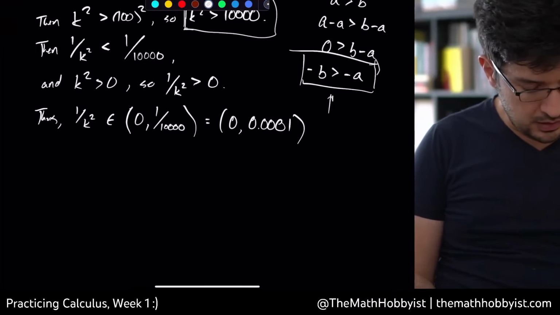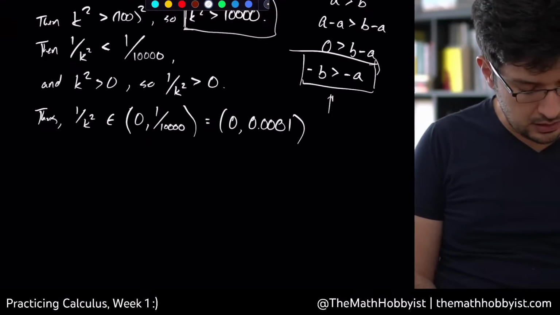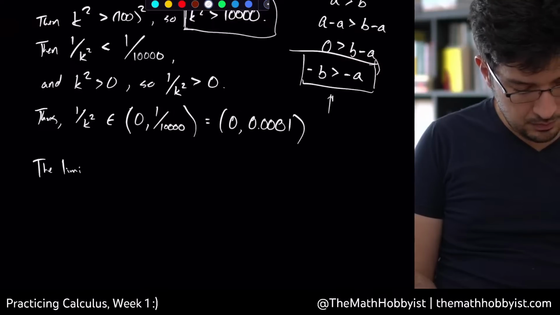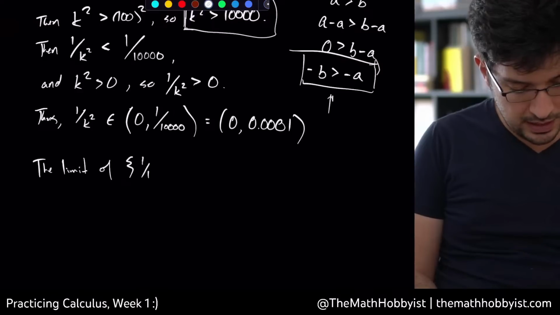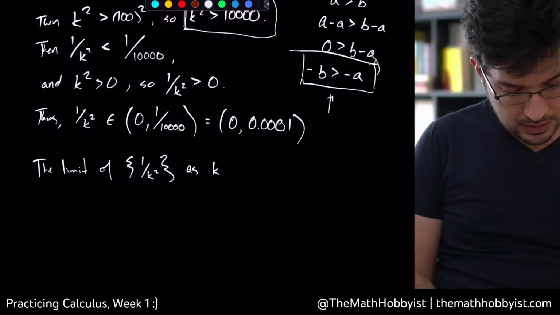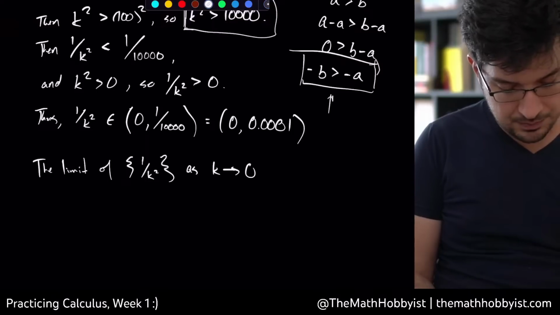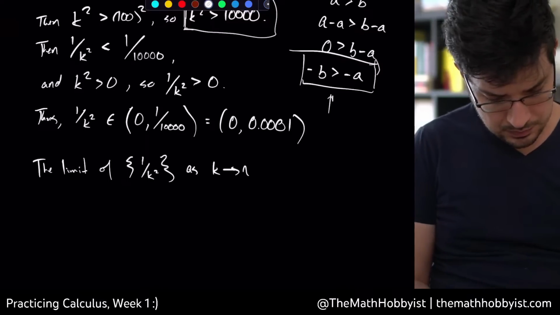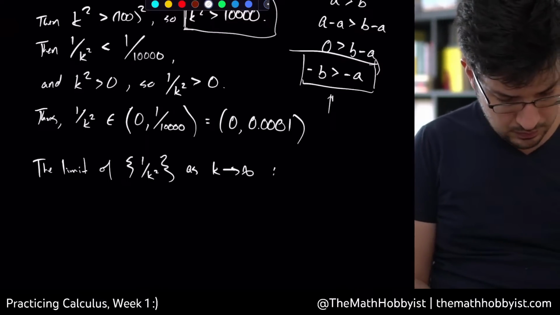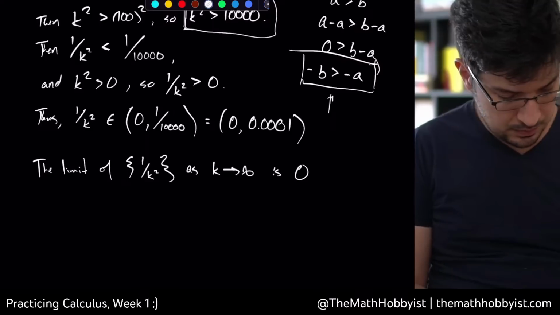And then the next part, the limit of the sequence 1 over k squared as k tends to infinity is 0.